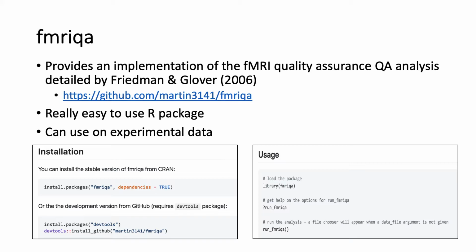It's a really easy R package to use, and you can use it on experimental data too, to check the quality of your data. I was going to show you how to do that, but I put this slide with the GitHub site where it shows you how to install it, but it's pretty simple to run. Let's see if I can get on here.